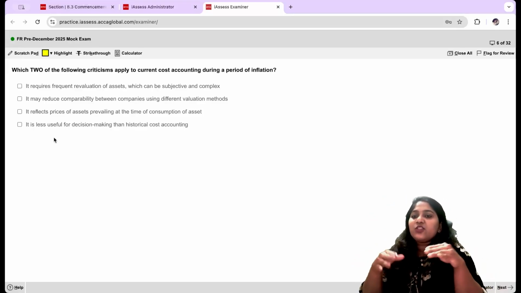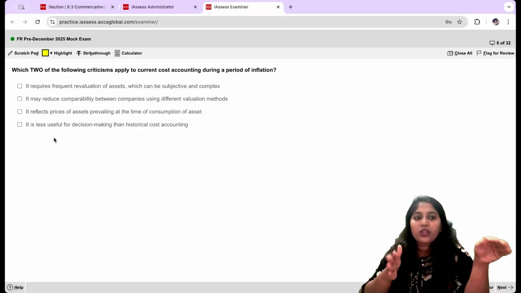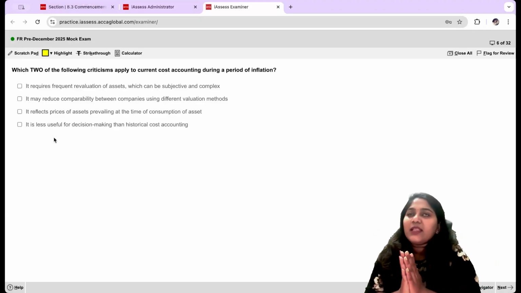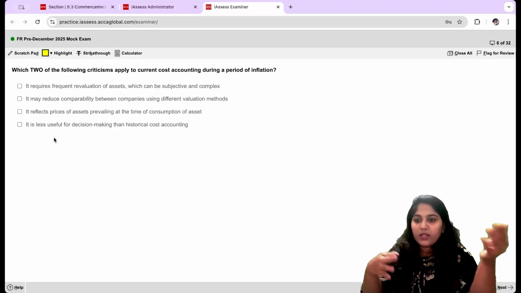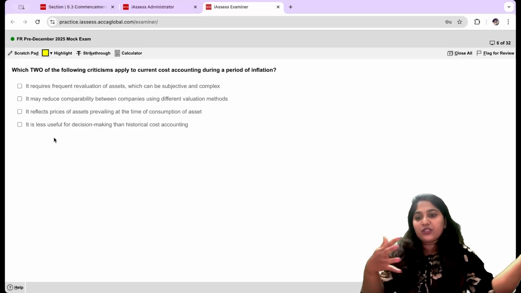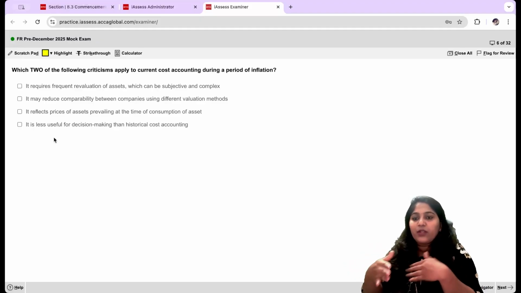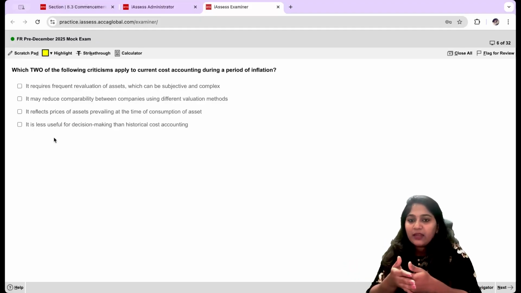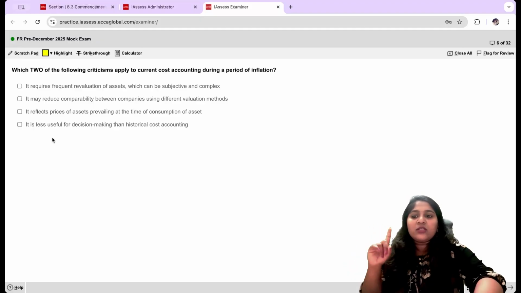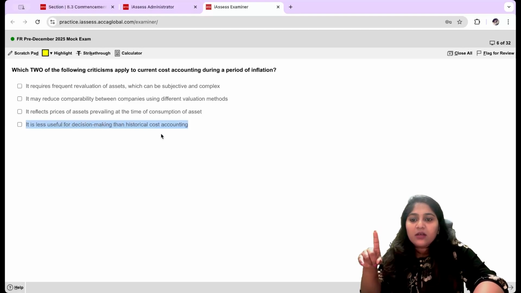It says it is less useful for decision making than historical cost accounting. I think current cost accounting is actually more relevant for decision making than historical cost accounting because it is up to date in nature. So this shouldn't be the answer because it is not a criticism. It is not a limitation, actually speaking.